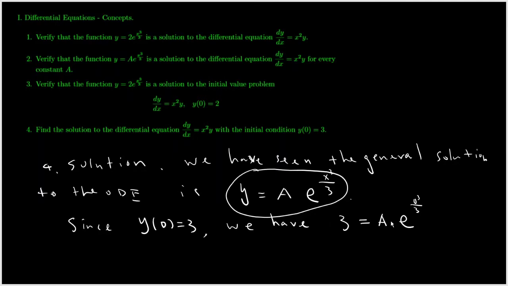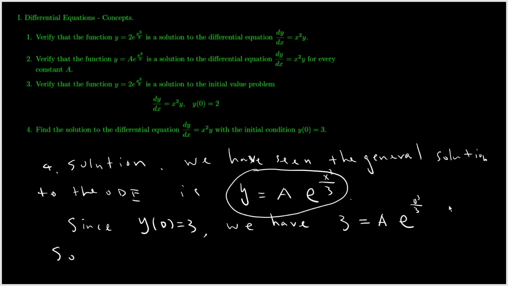Do you know the meaning? The circled one is the general solution, and the initial condition says the y value is 3 when the x value is 0, so the equation is satisfied. Do you see this equation shows you how to get the value of a?